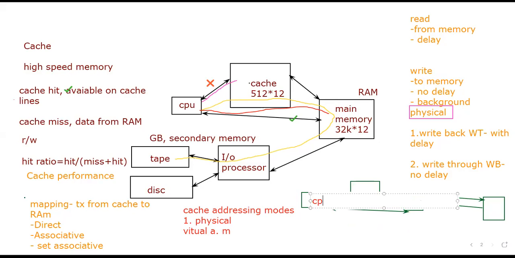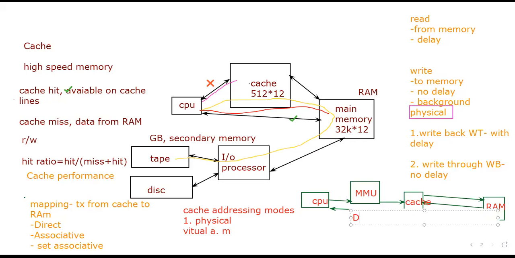Over here it is the CPU. This particular one is our MMU, memory management unit. Then here it is the cache unit. And the last one over here is the RAM. So what is this? This may be the data or instruction that we require.